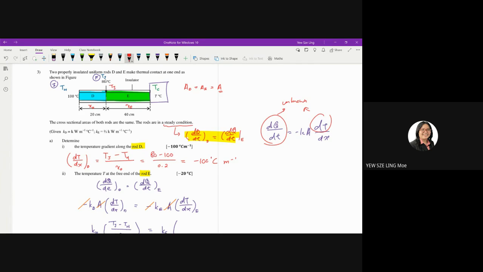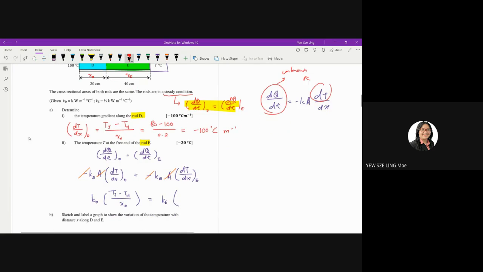So TJ is the final position for rod D, but it is acting as the initial position for rod E, and TC is now the final position. So you can write it as TC minus TJ divided by XE.